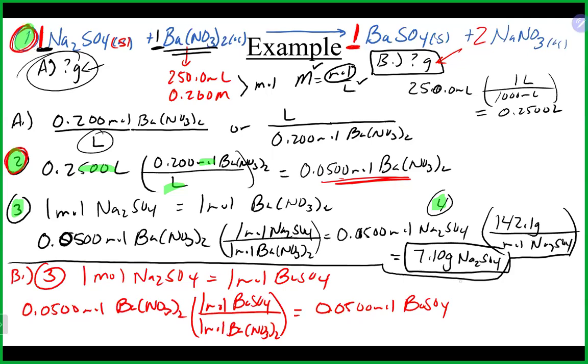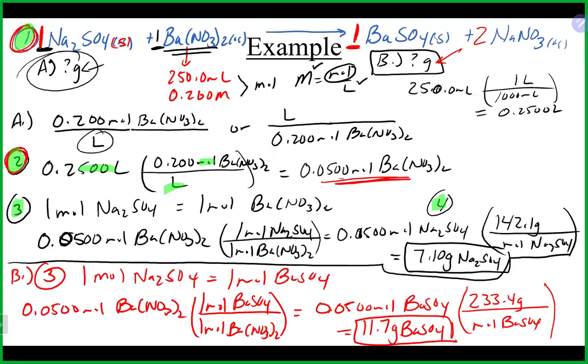So if you go to the periodic table and calculate the molar mass of barium sulfate, you get something like 233.4 grams per mole of barium sulfate, which if you times it by 0.05 gets you about 11.7 grams of barium sulfate formed. Since that is a product, that would be the theoretical yield in this particular case. And obviously this would be our fourth step along the way.